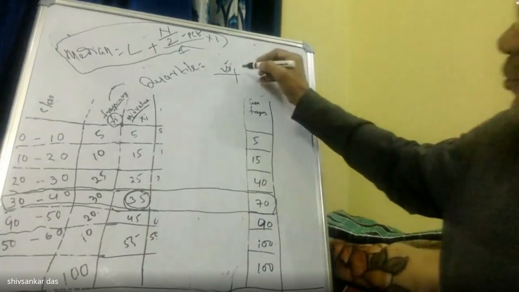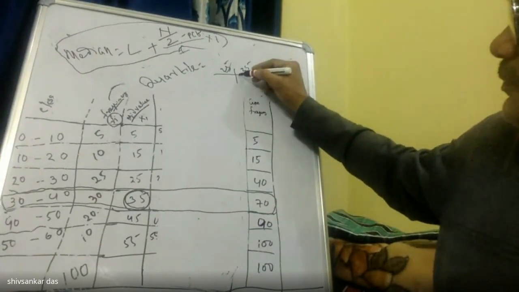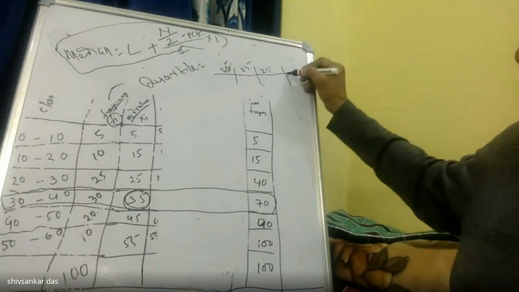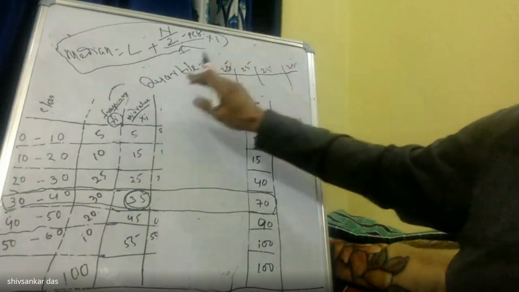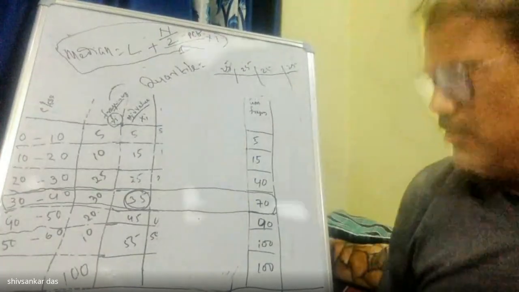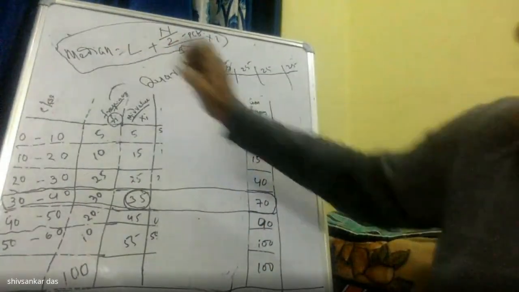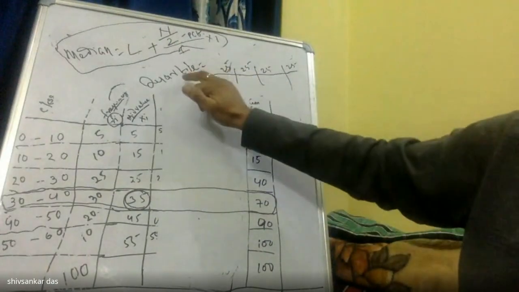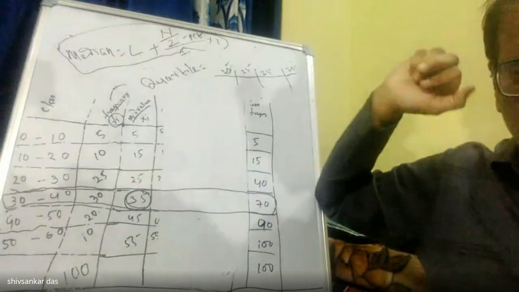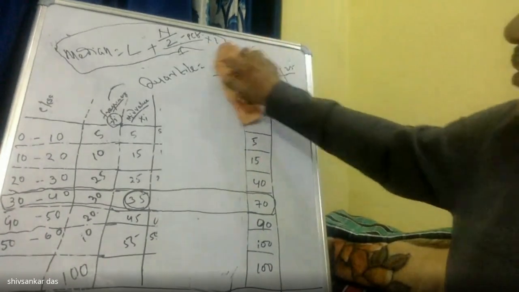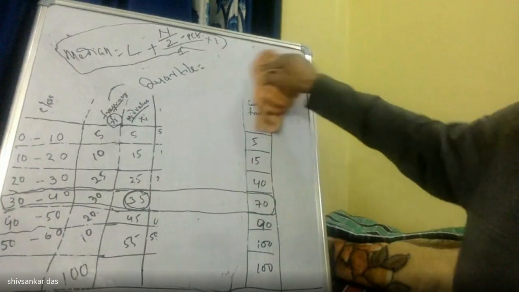I will not go into complications. Quartile will follow a similar formula. Decile will follow a similar formula. Percentile will follow a similar formula.